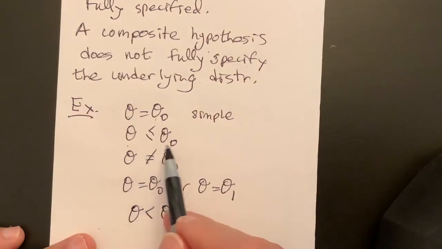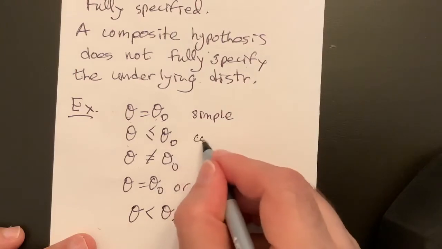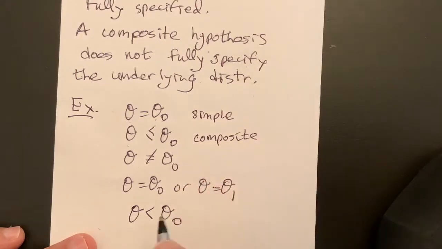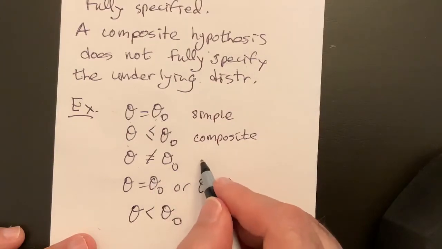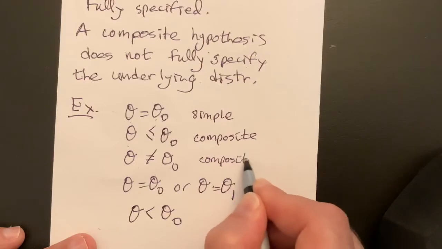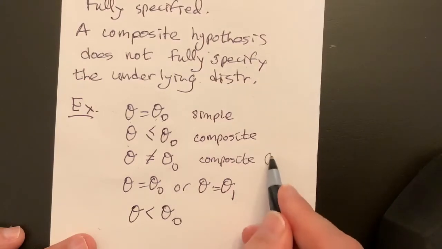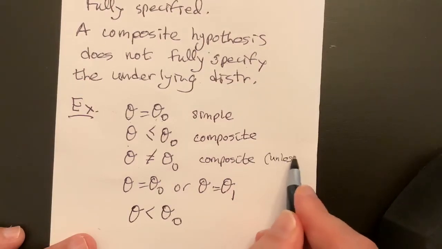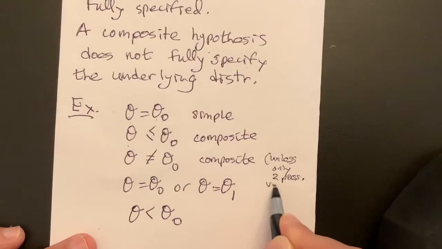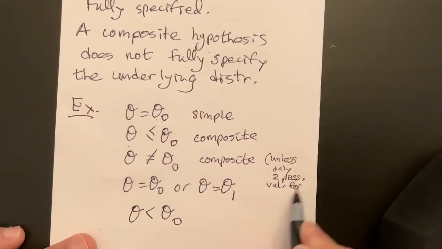This one, by the looks of it, is composite, right? Because you don't know if you're talking about theta 0 or something less than it. This is composite unless there's only 2 possible values for theta.